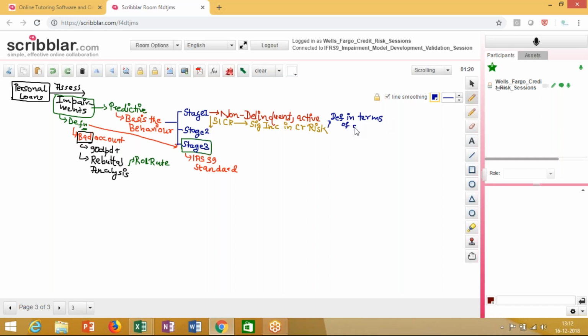The macroeconomic variables we will come down to separately.